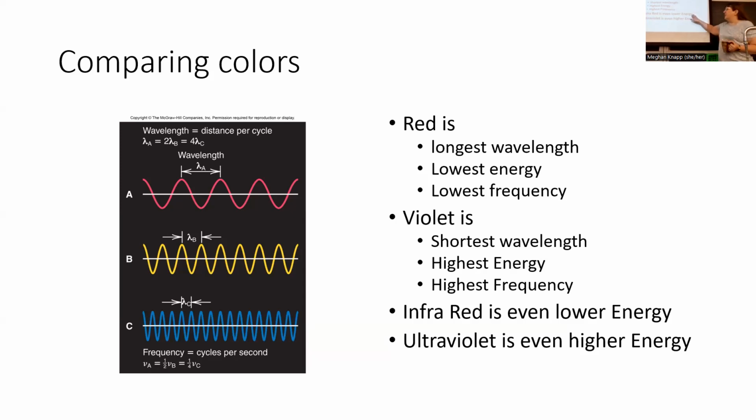Infrared is just on the other side of red, so it's even lower energy, and ultraviolet is even higher energy. So remember when we were using the ultraviolet light, we could get it to make the glow paper glow, to make the rocks fluoresce, those kinds of things, because it was high energy light. Whereas the red light didn't really do much other than we could use it as a laser pointer.